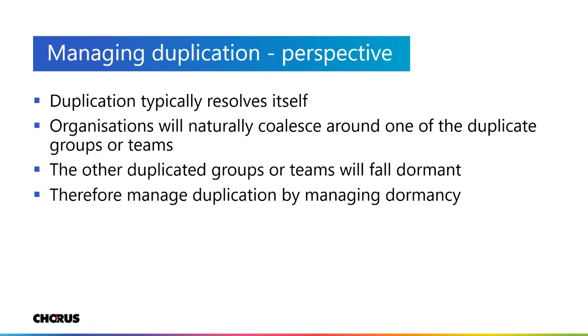So if, for example, you've got a business development team, a sales team, a business development content team, and they're all doing pretty much the same thing, what will happen over months is one of those teams will become heavily used, and the others will fall dormant. So you can manage duplication to a large degree by managing dormancy. So that's going back to those expiration policies.